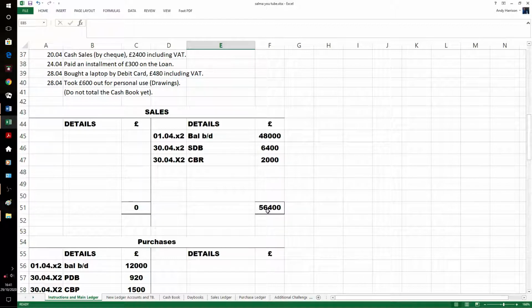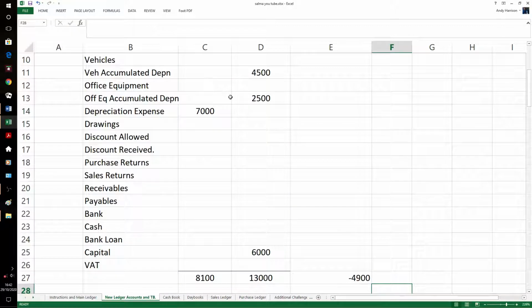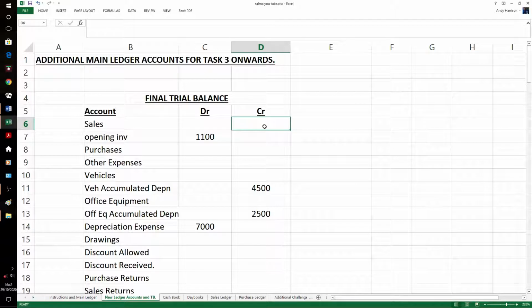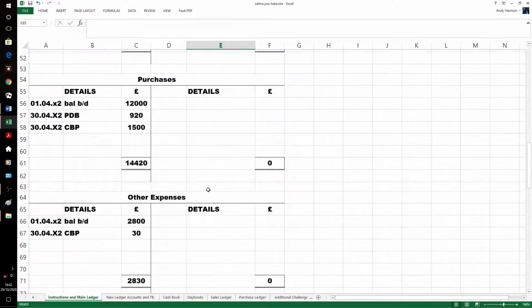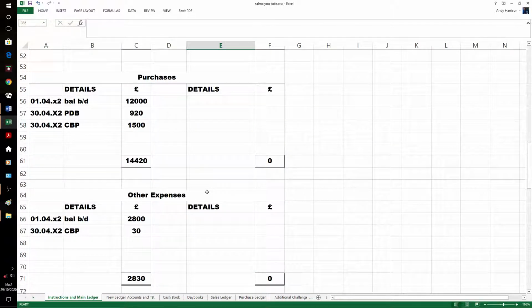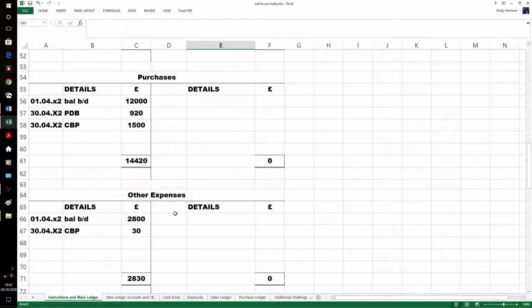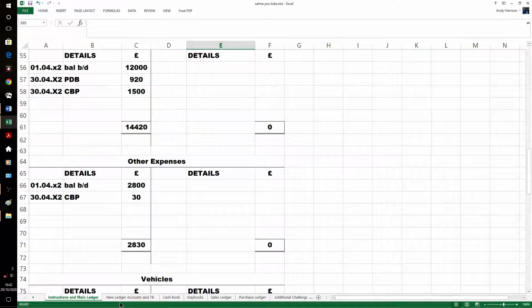This one, when it's balanced off, will be £56,400. And our purchases will be 14,420. Other expenses 2,830.